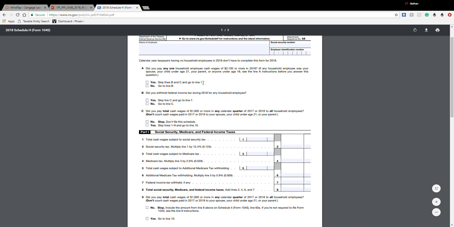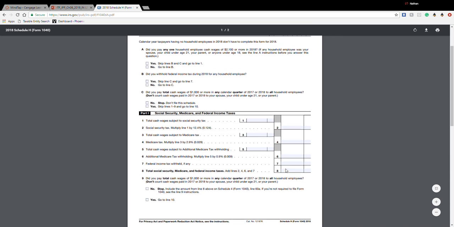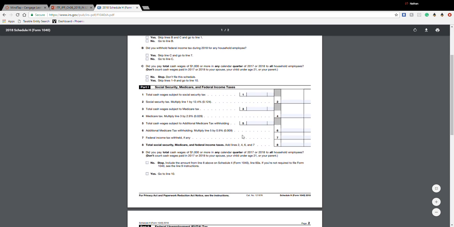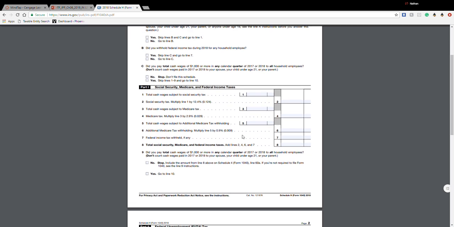But if you said yes, you skip lines B and A, go straight to here, and you put in your wages, Social Security tax, you have to calculate Medicare, calculate, and then anything that's additional, again, that's if they reach over those thresholds. Hopefully they didn't, but if they did, congratulations, you're rich.